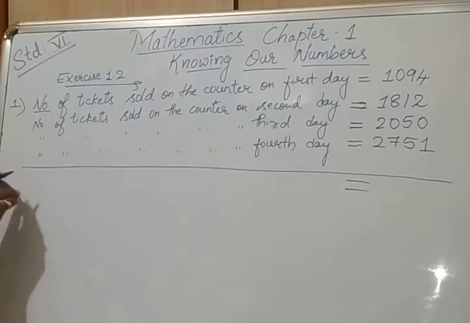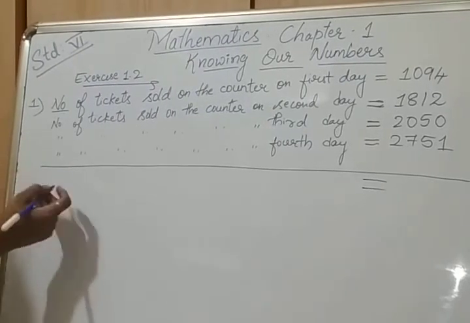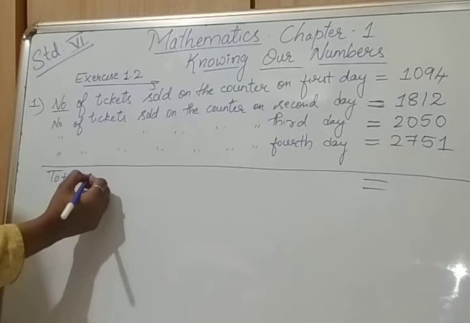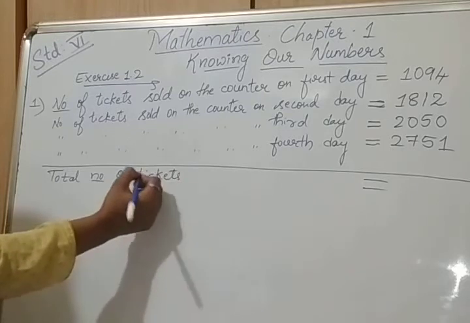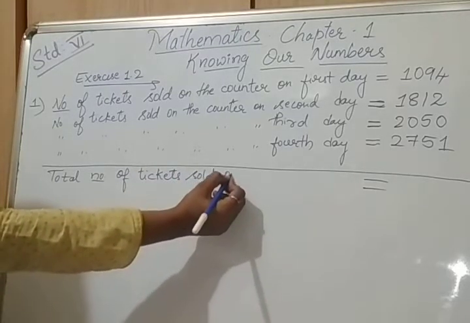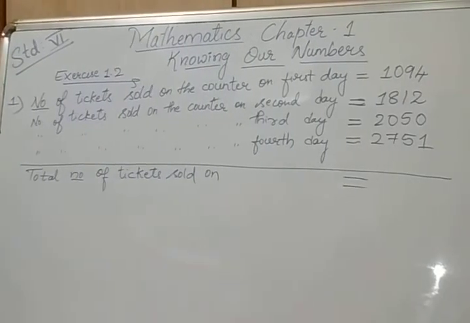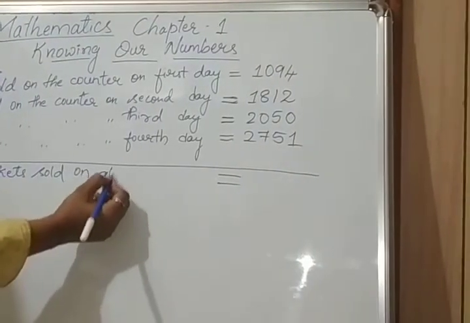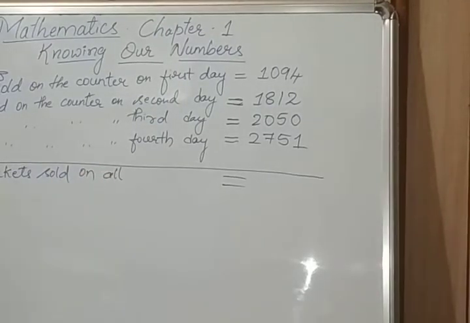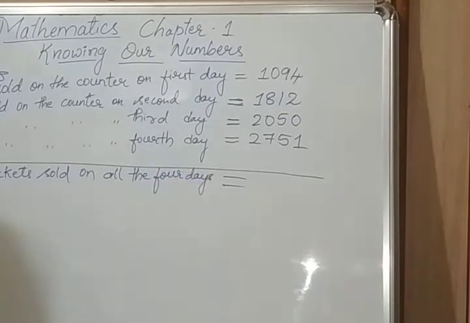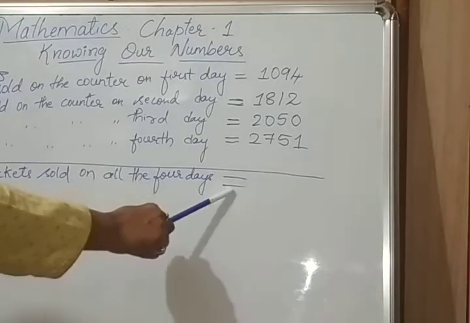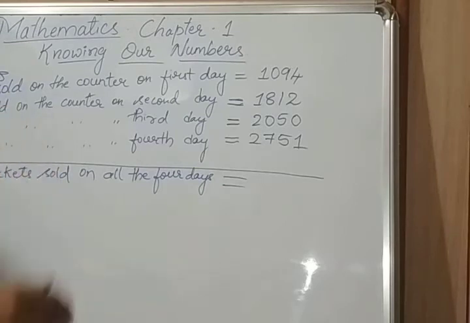Therefore, total number of tickets sold on all the 4 days is equal to; the equal to we have to write. So we have to find out the total here.